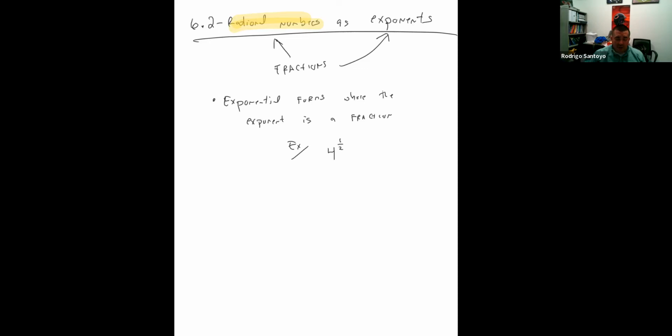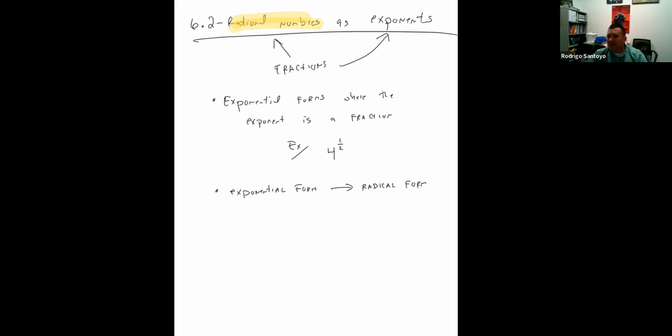We're going to start with talking about how we can go from exponential form to radical form.